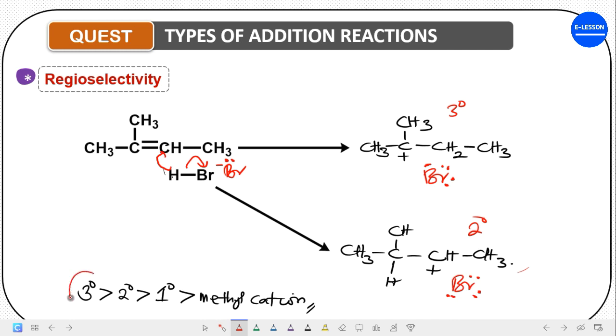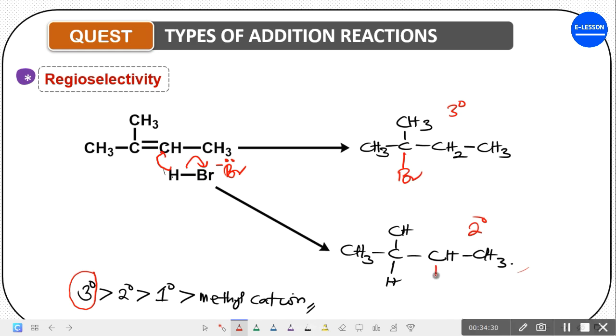So the major product will be formed by the one with the third degree or the tertiary carbocation. So the major product will be formed in such a way that this Br will attack this positive charge here to form Br. Also, this one will attack here to form Br. And this is the product of this reaction. Okay? That's the product of that reaction.